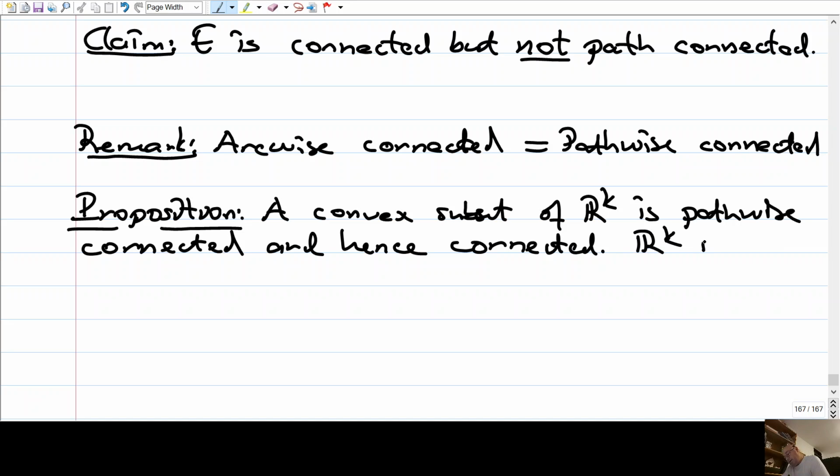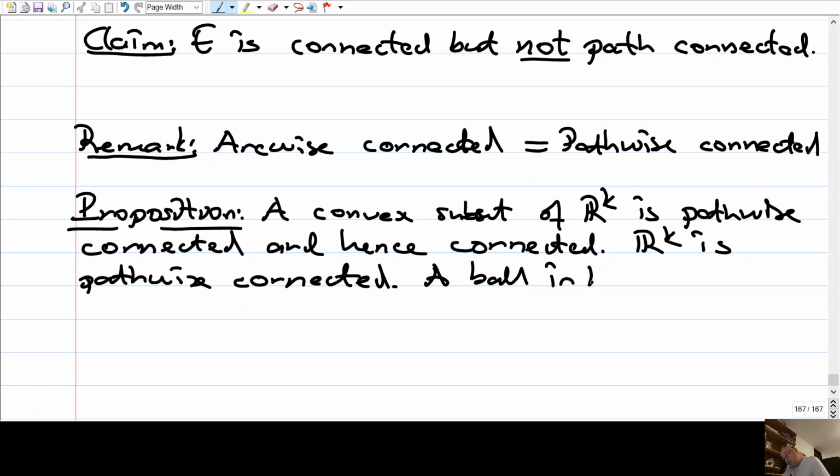Rk is path connected because it is convex. A ball in Rk is pathwise connected. Therefore, it is connected. All right.